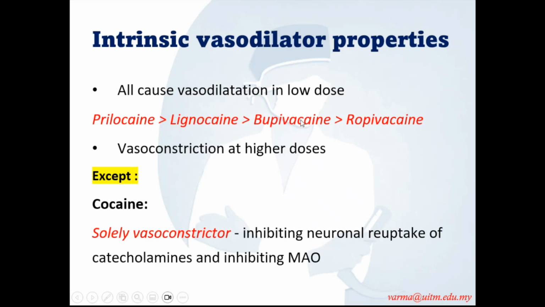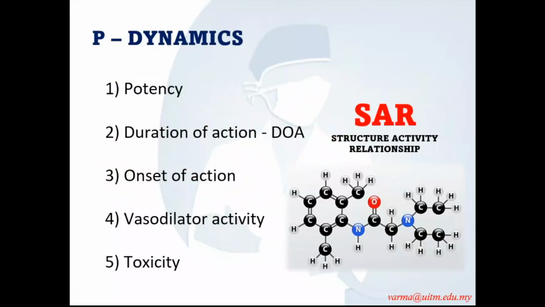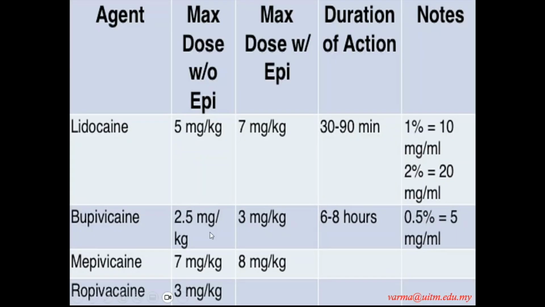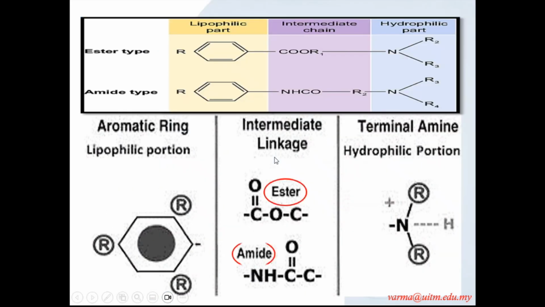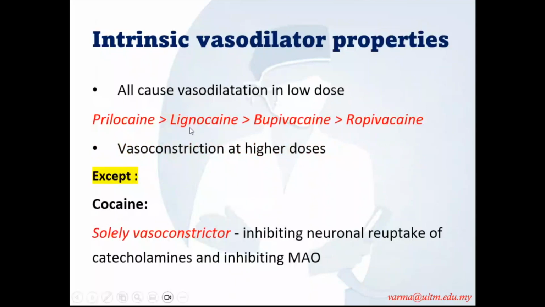Okay, just now I mentioned why ropivacaine is not added with epinephrine. Lidocaine and bupivacaine all get epinephrine added, with changes in dose, but ropivacaine does not, because on this slide we can see that among all the LAs that have vasodilator property, ropivacaine has the least.